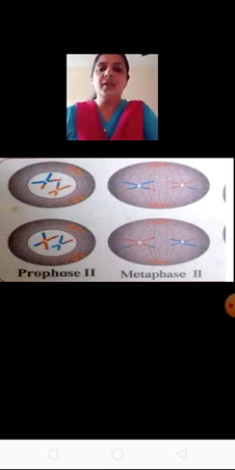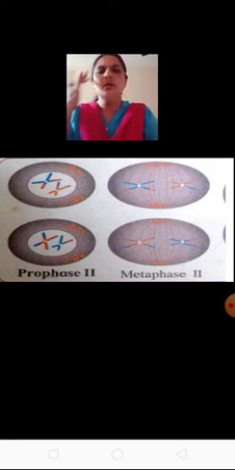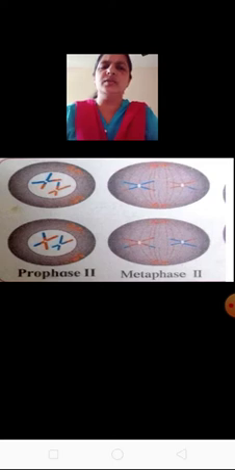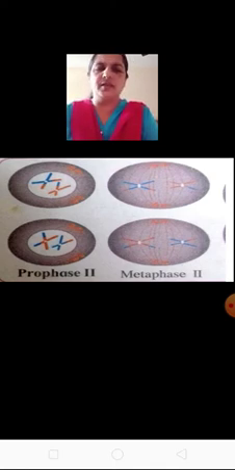Same way in prophase 2 in meiosis, the same thing happens, and you get chromosomes thicker and shorter, which are clearly visible. Then in metaphase 2 also, they are arranged in the equatorial plane and the spindle fibers are formed. So the same thing as metaphase of mitosis.